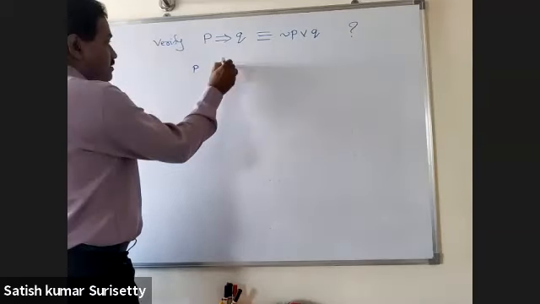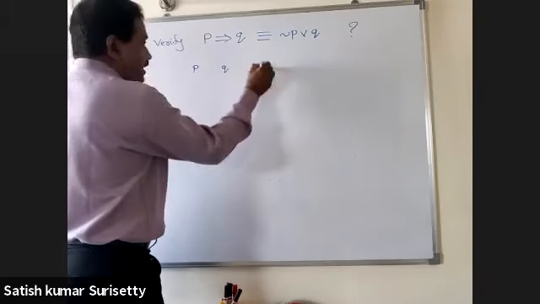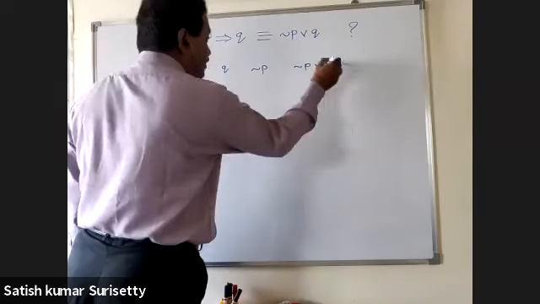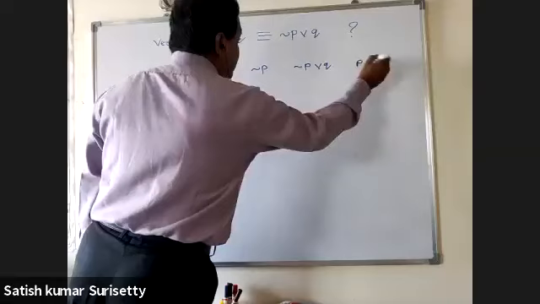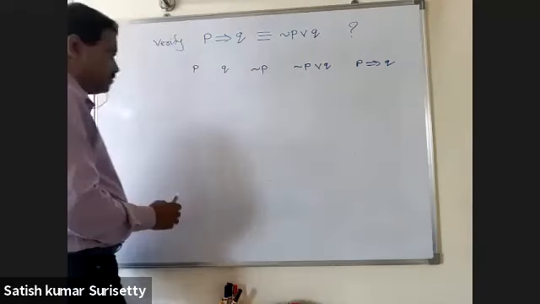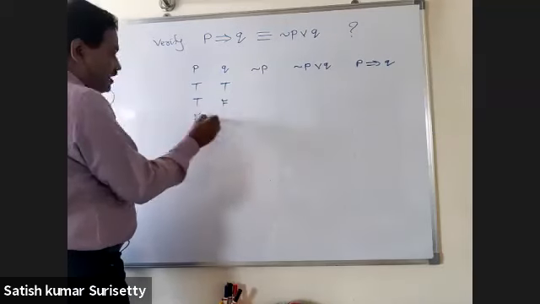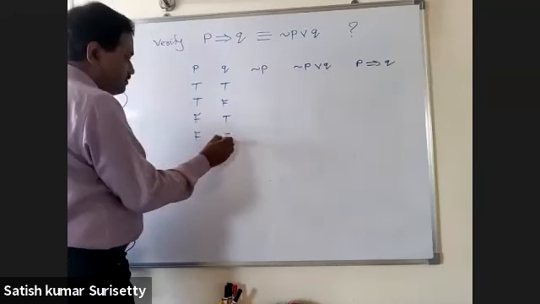So P, Q, negation of P is required. Next, negation of P or Q, P implies Q. Take all possibilities: true true, true false, false true, false false.